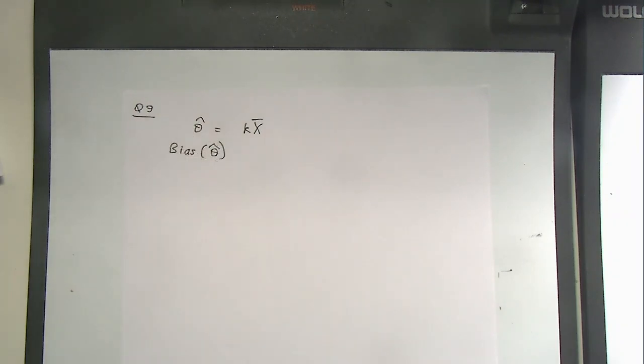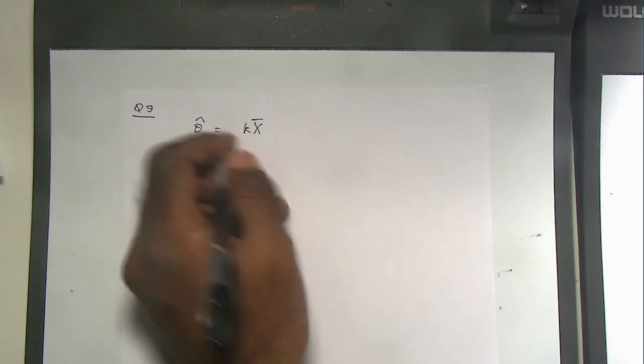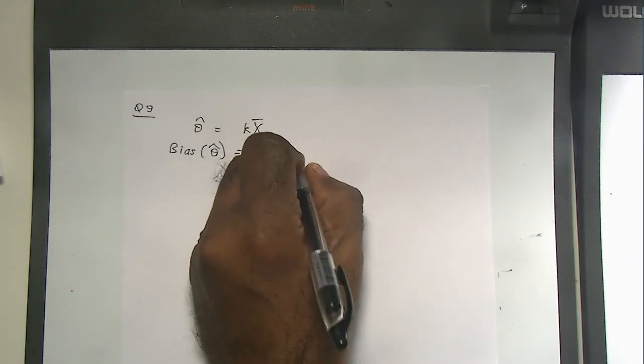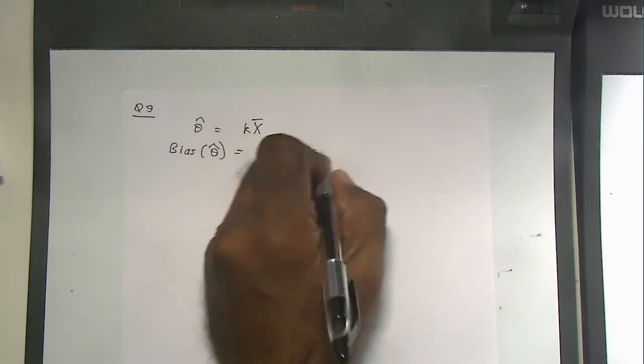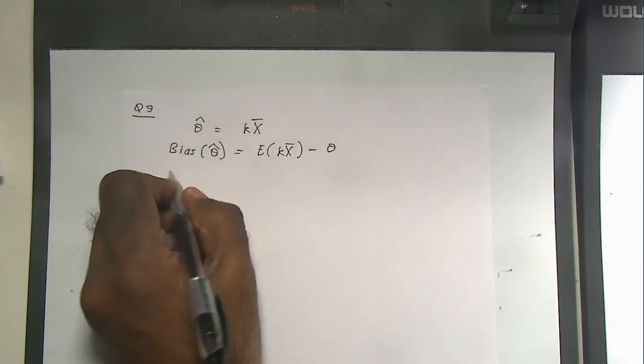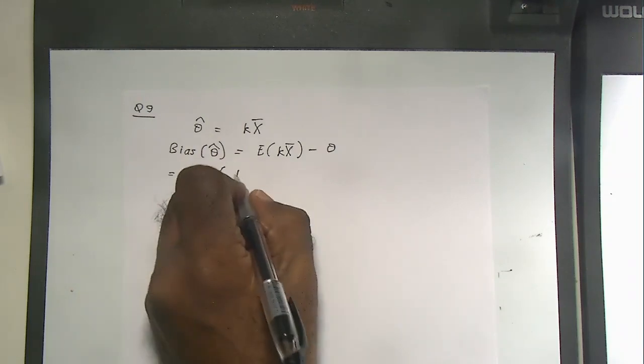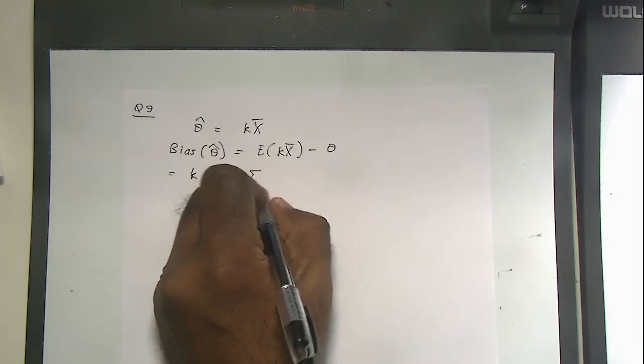All right, unbiased means what? If an estimator is unbiased, then the bias must be 0, right? So you want to compute the bias and set that to 0.